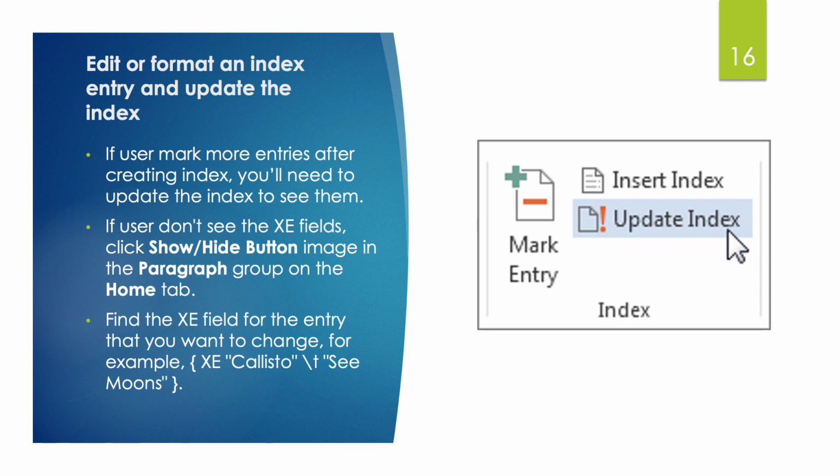If the user marks more entries after creating the index, the user needs to update the index to see them. If the user does not see the XE fields, click on the Show or Hide button in the Paragraph group on the Home tab. Find the XE field for the entry that you want to change. For example, you have the curly bracket, XE, and then the keyword, for example Callisto, and then the closing curly bracket.